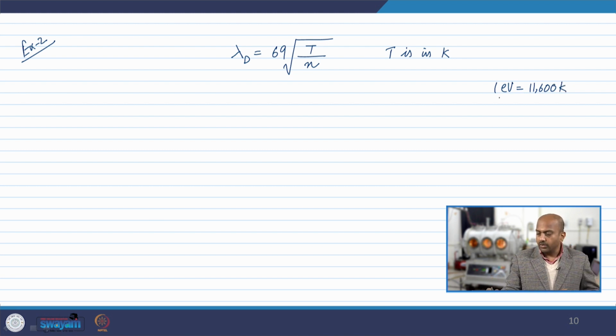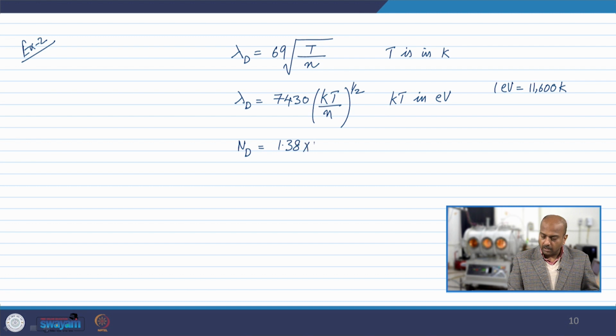So, we use the unit of electron volt to describe temperatures in plasma, or lambda d can be written as 7430 times square root of kT by n when you are using energy as kT in electron volt, or the plasma parameter Nd can be written as 1.38 times 10 to the power of 6 T to the power of 3 by 2 divided by n to the power of half when T is in Kelvin.